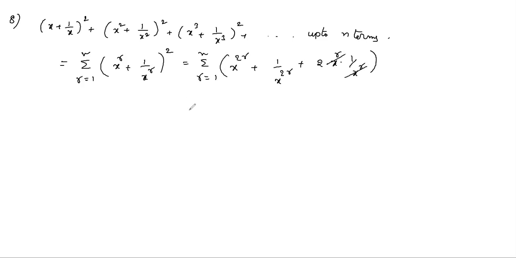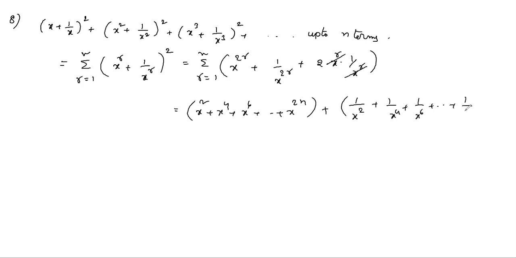If you expand the first sum: x square plus x power 4 plus x power 6 and so on up to x power 2n, n terms. Similarly the second one: 1 by x square plus 1 by x power 4 plus 1 by x power 6 and so on plus 1 by x power 2n. Next, sigma 2 means 2n.